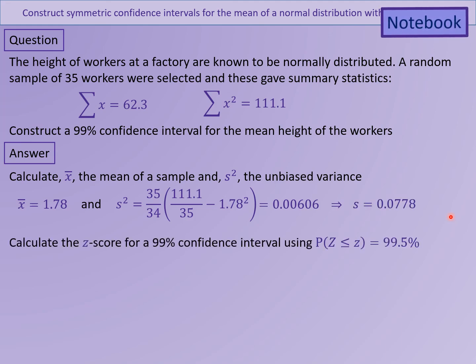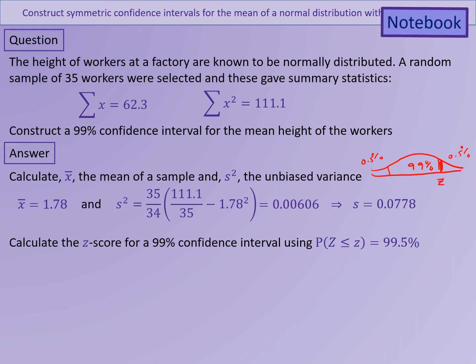We're now going to calculate the z-score for a 99% confidence interval. Again, a diagram can help just to clarify what's going on here. We have 99% as the area between the two values. We then have 1% left over, which will be 0.5% on each side.